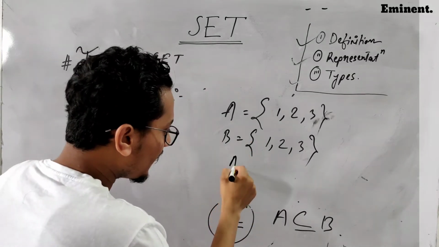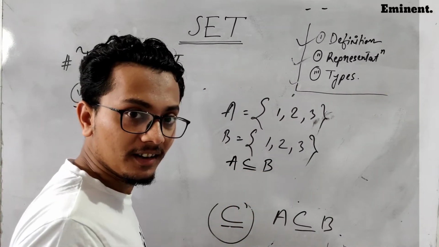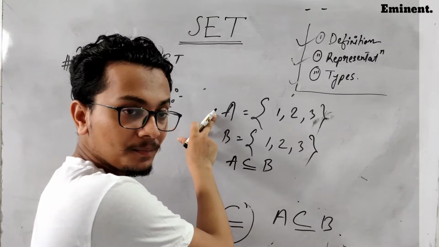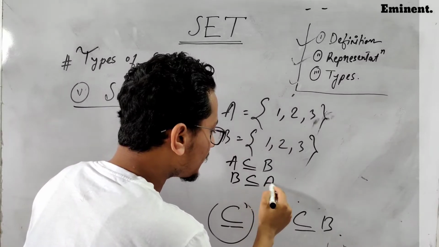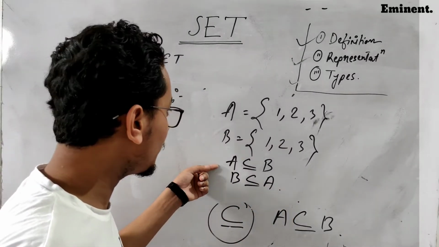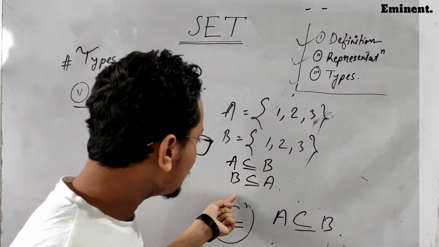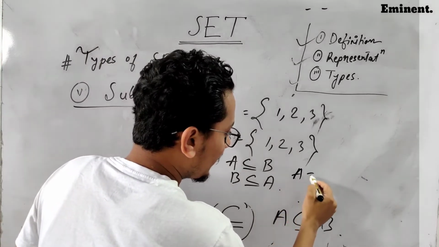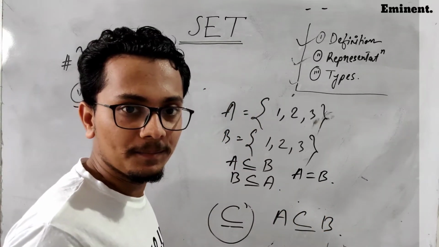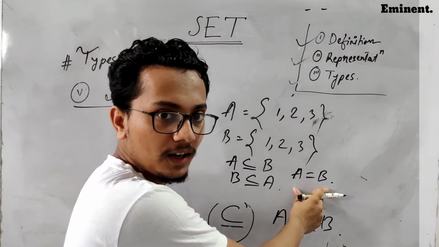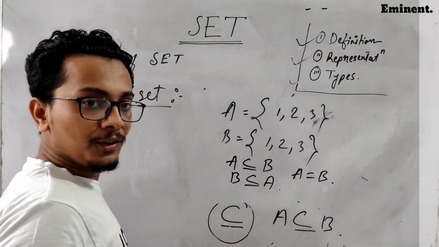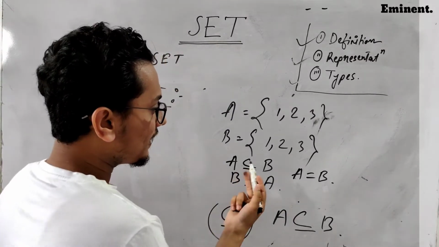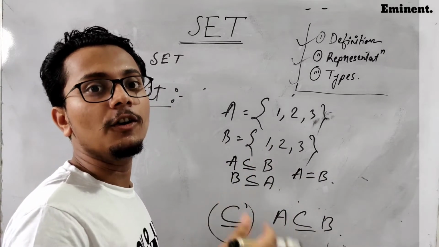Then A is a subset of B. You can write exactly, all the elements of B are also there in A. Then again you can write B is a subset of A. Here the interesting fact is that if A is a subset of B and B is a subset of A, then A is equal to B. These both sets are equal. Understood? Now, to make two sets equal, you have to show that both sets are subsets of each other. I hope you understood.